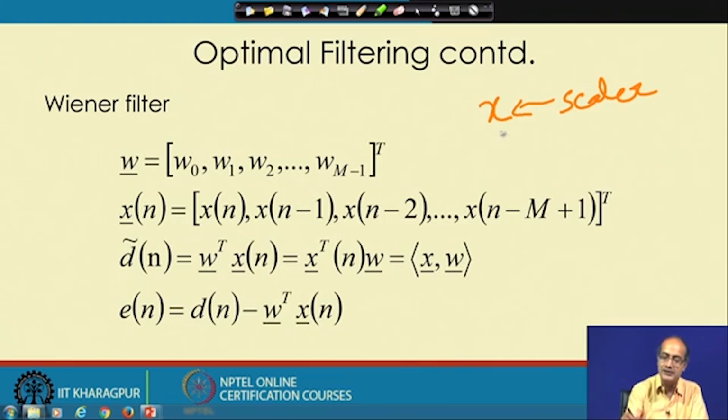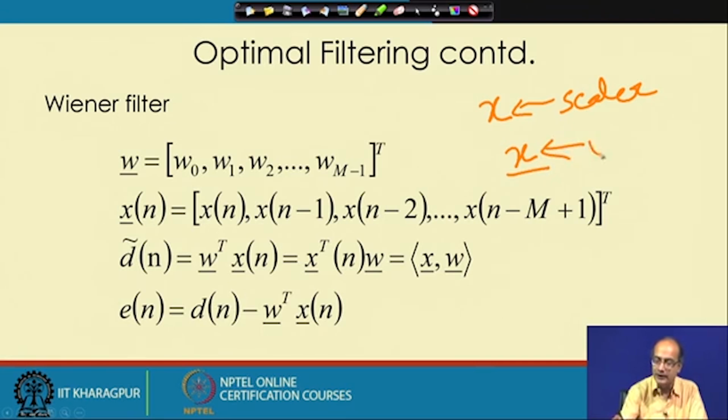If x is a scalar, then x with 1 bar below it would be a vector.